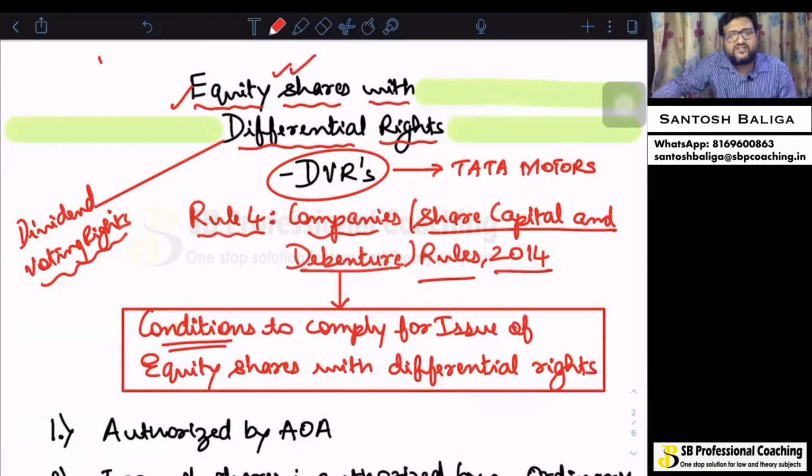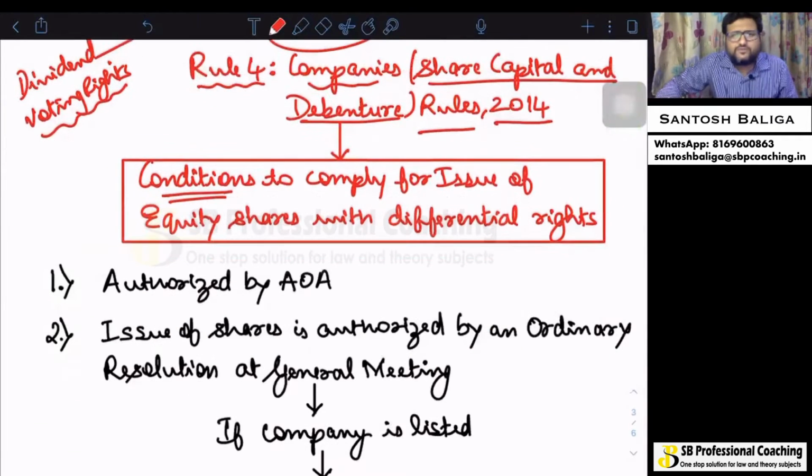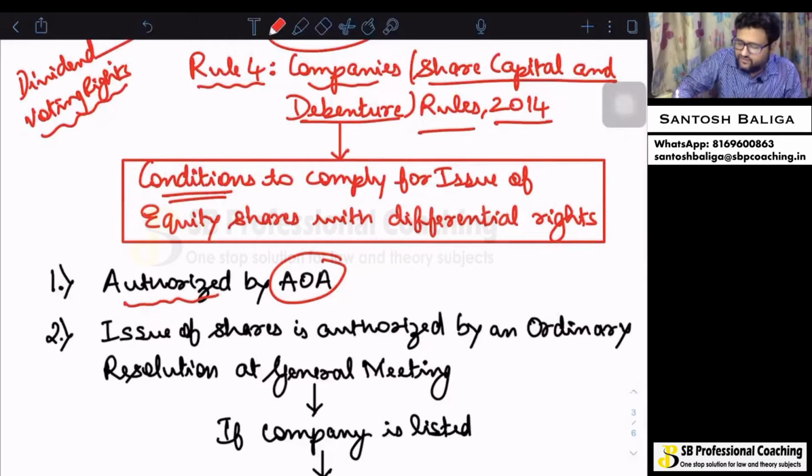What are these conditions? Let us go through it under Rule 4. The first common condition is that the Articles of Association of the company shall authorize such an issue.